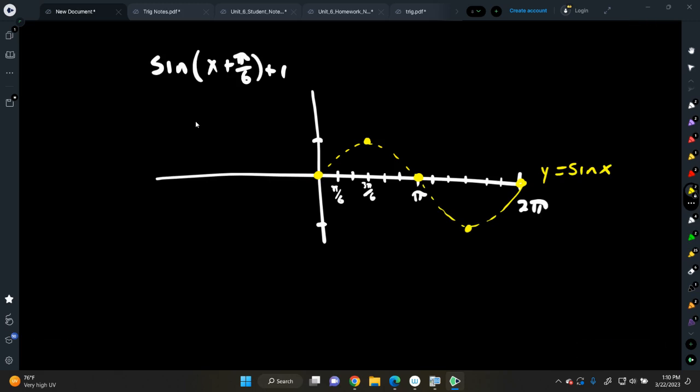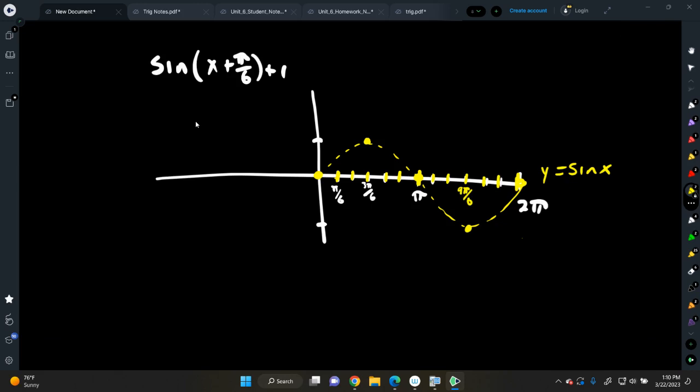So when I draw my axis, I make each mark represent pi over 6. So 1 pi over 6, 2 pi over 6, 3 pi over 6, 4 pi over 6, 5 pi over 6, 6 pi over 6 will be pi, right? 7 pi over 6, 8 pi over 6, 9 pi over 6, 10 pi over 6, 11 pi over 6, 12 pi over 6.